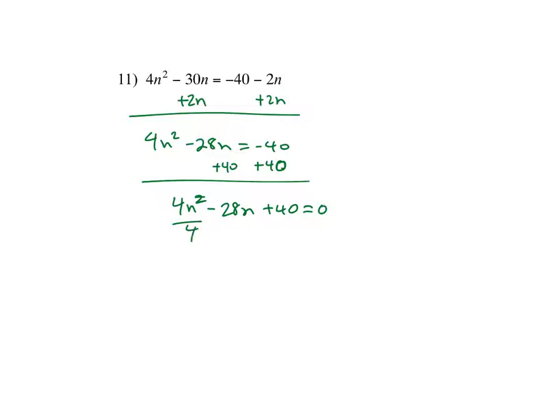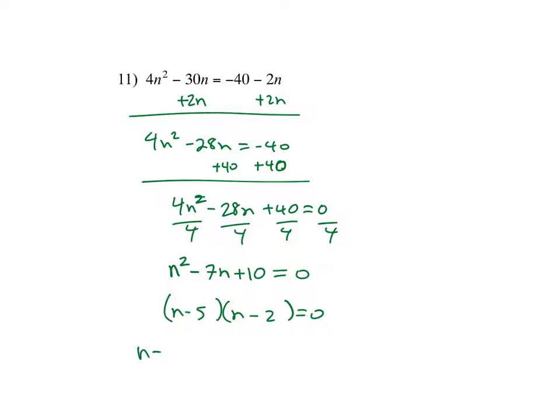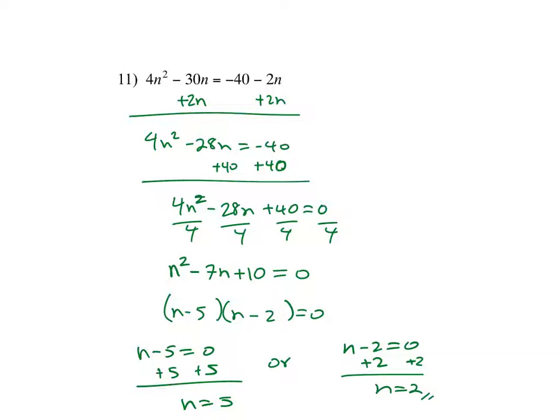Now I'm going to divide everything by 4, because 4 is my common factor, so n squared minus 7n plus 10 equals 0. So n minus 5 and n minus 2 equals 0. So n minus 5 equals 0, plus 5, n equals 5, or n minus 2 equals 0, plus 2, n equals 2.